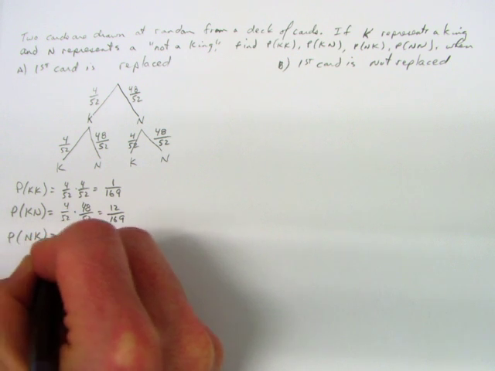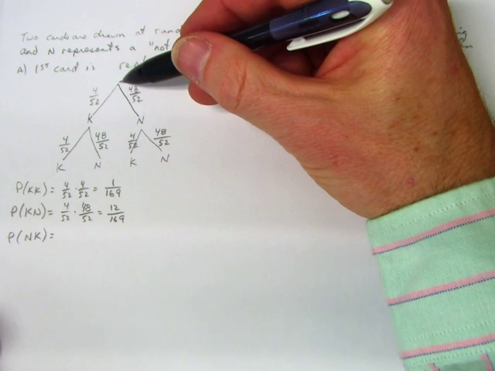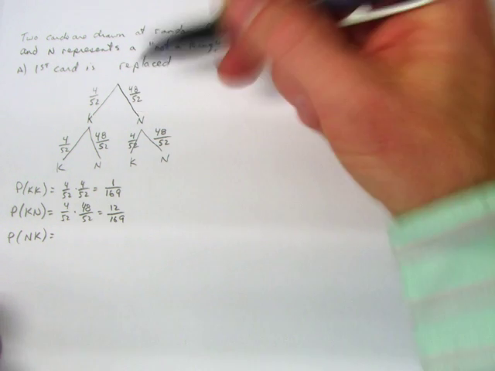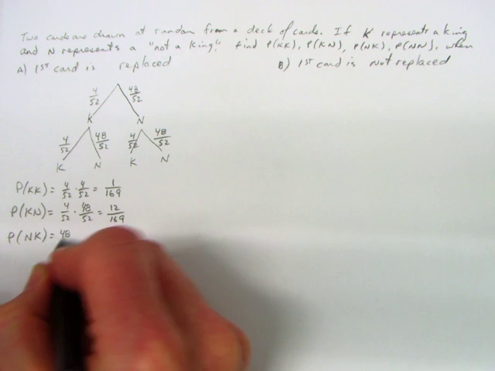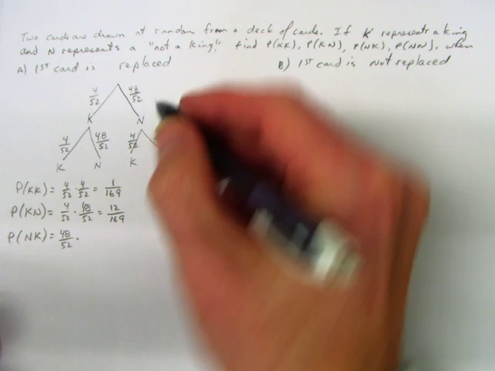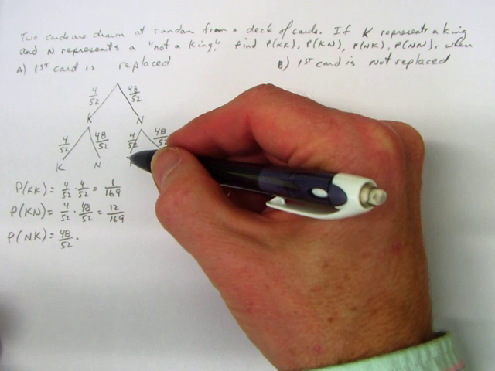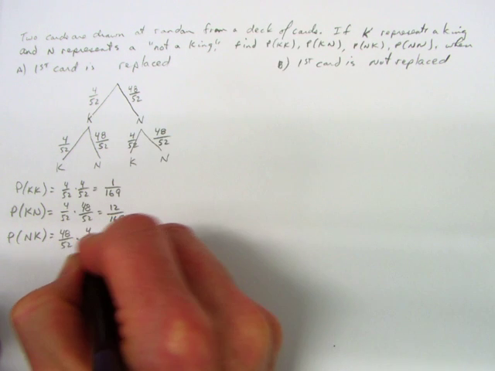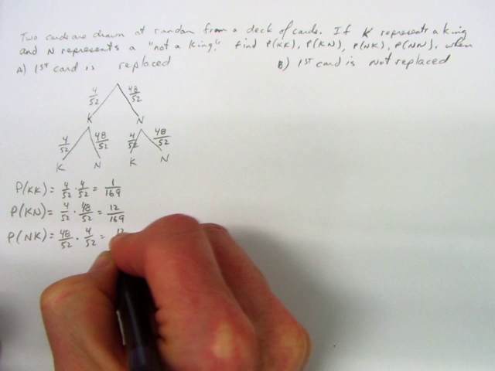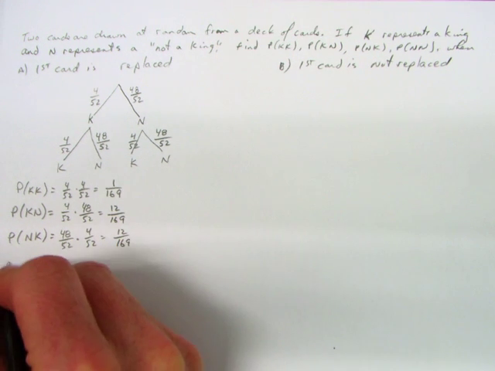P(NK) means we're starting on the other side now. We have no king first, that would be 48 out of 52 times, once we have that one, we're going down the king branch, so we have 4 out of 52. That also is 12 out of 169.